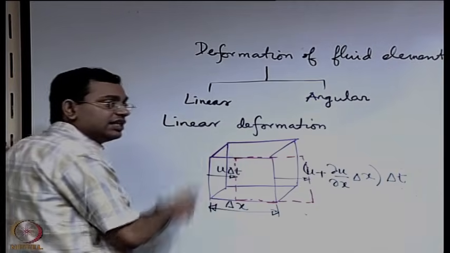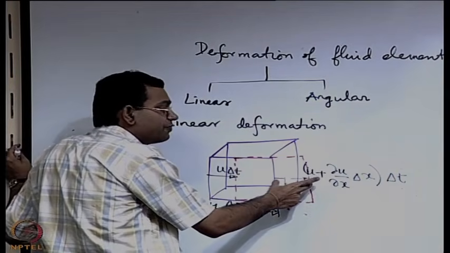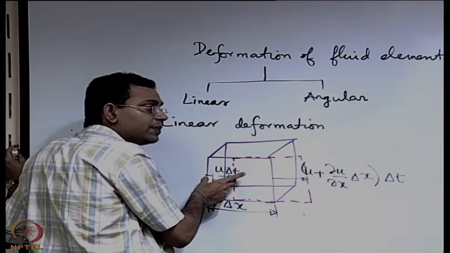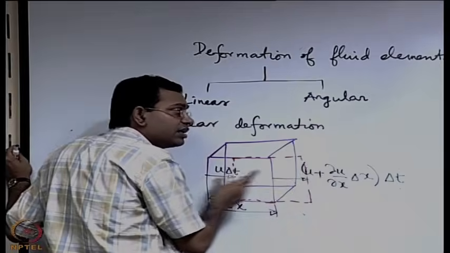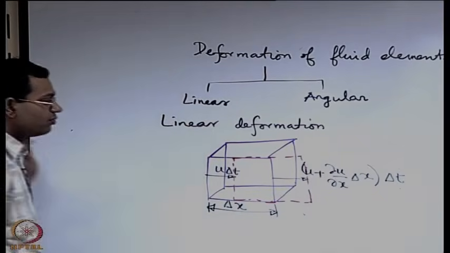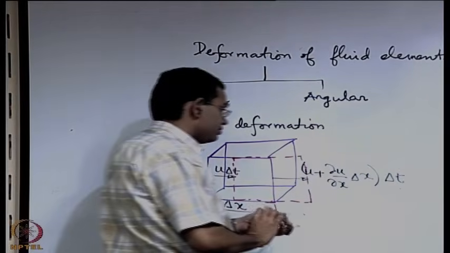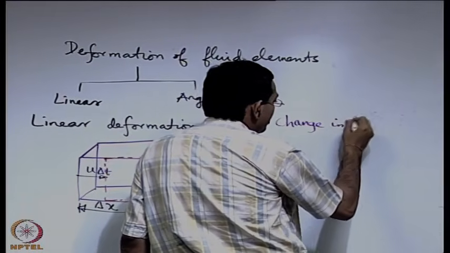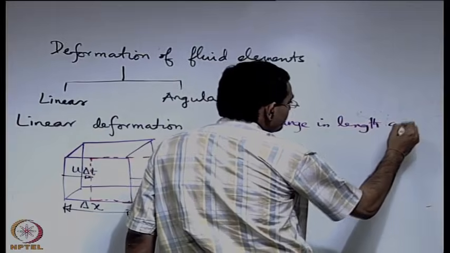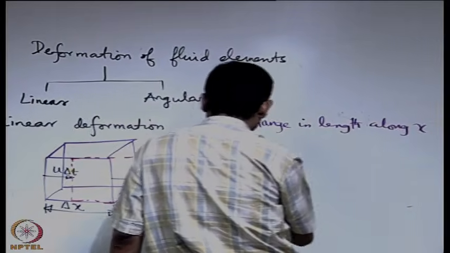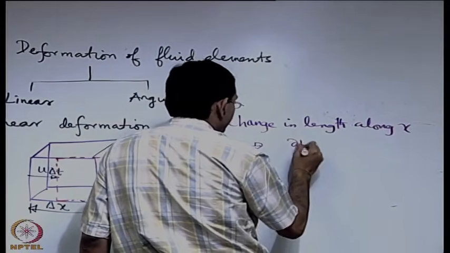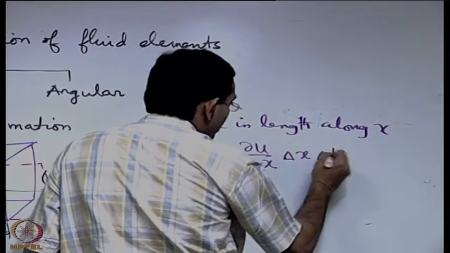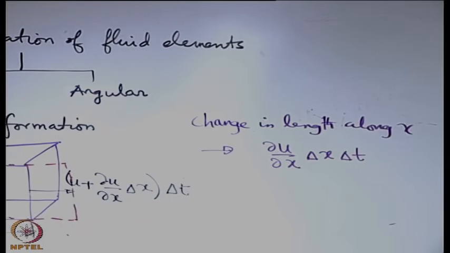What is the net change? The right hand face has got displaced by this amount, the left hand face has got displaced by this amount, so the net displacement is the difference between these two. So this is the change in length along x.